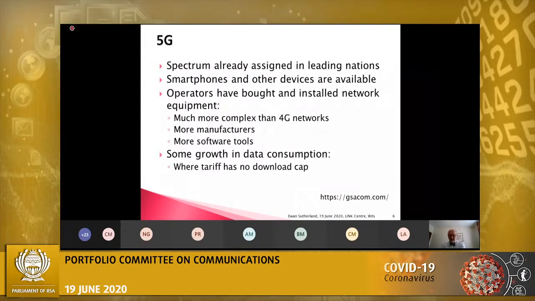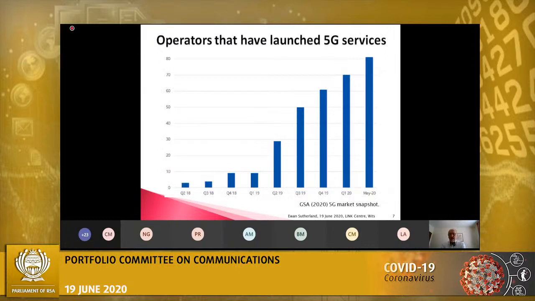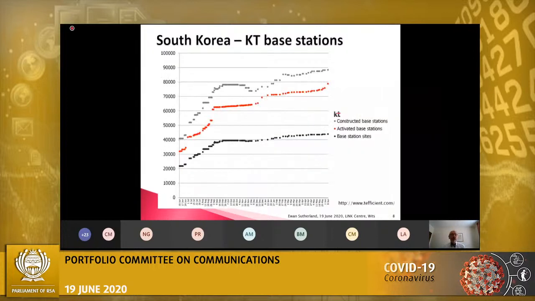So we're globally up to something like 80 operators worldwide who have launched 5G services. So we're going fairly quickly for that. South Korea is always one of the slightly crazier countries, very, very technology focused, strong manufacturing base.